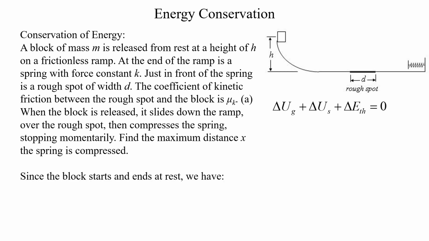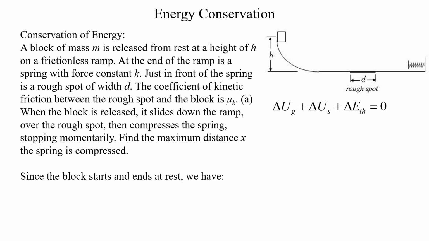So in our conservation of energy, we have the change in the potential plus the change in the spring potential plus the delta E thermal equals 0. Notice there's no kinetic energy term. Why is that? Well, we're going to start from rest, and at the end it's going to compress the spring and stop momentarily. So our initial kinetic energy is 0. Our final kinetic energy is 0.